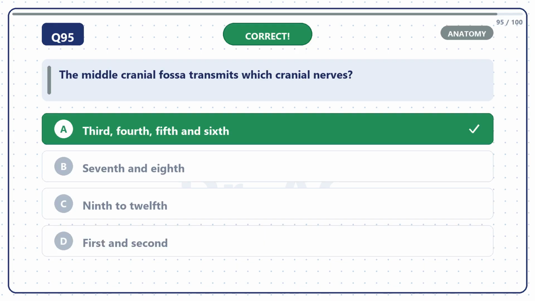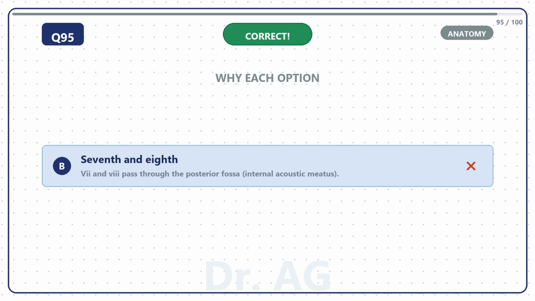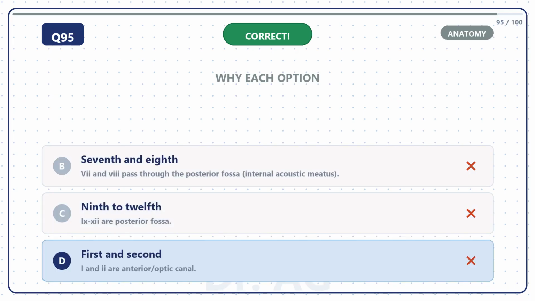The correct answer is option A, 3rd, 4th, 5th and 6th. Let's go through the options. 7th and 8th pass through the posterior fossa, internal acoustic meatus. 9th to 12th are posterior fossa. 1st and 2nd are anterior, optic canal.